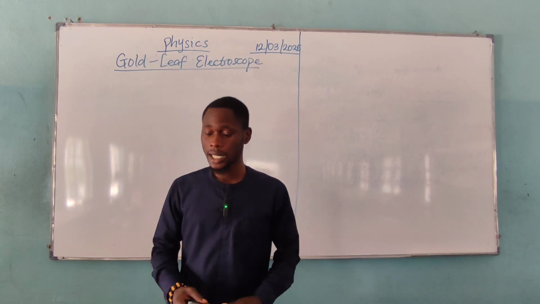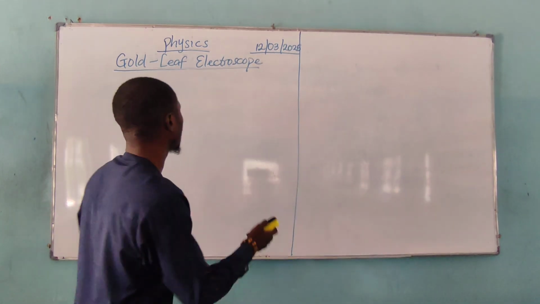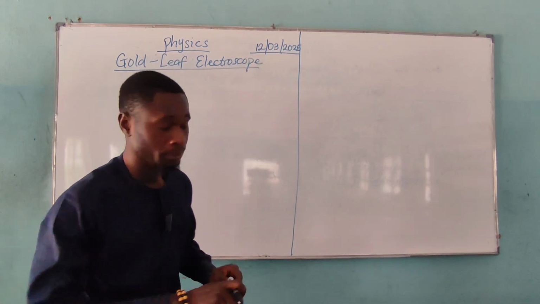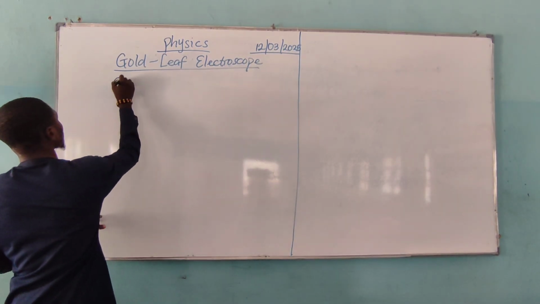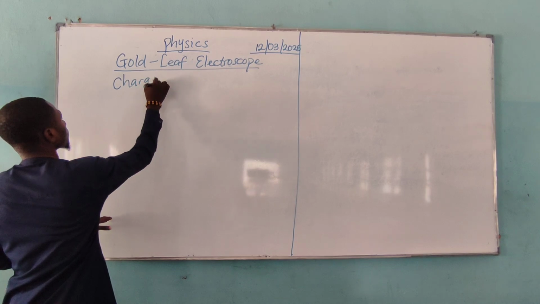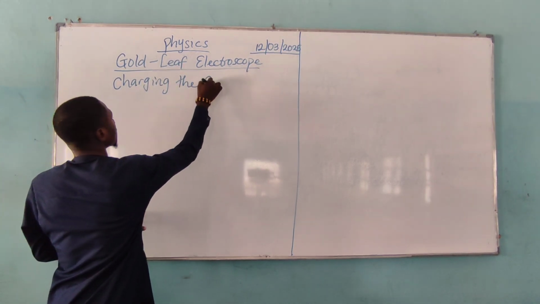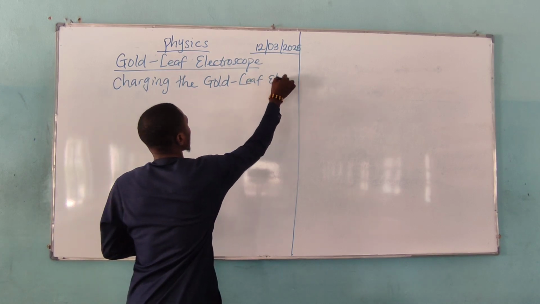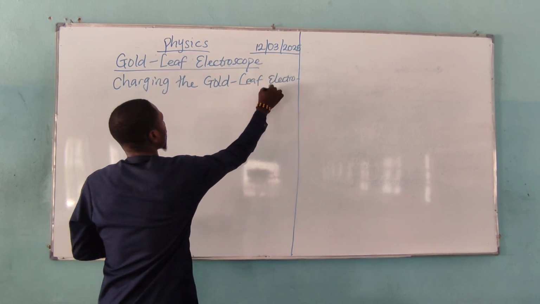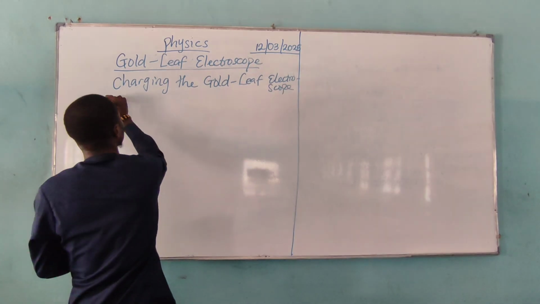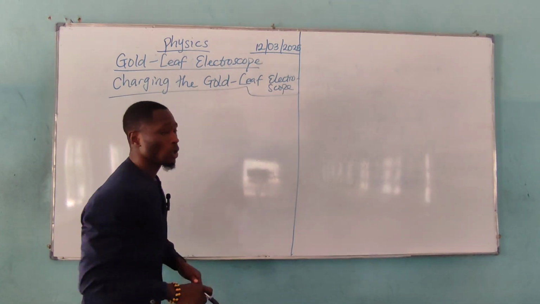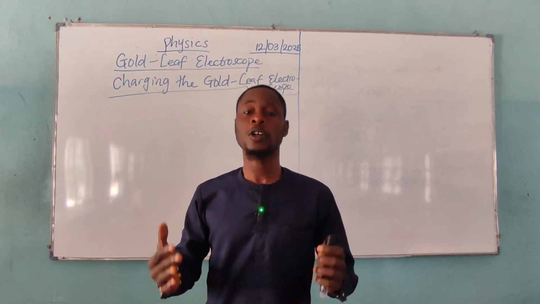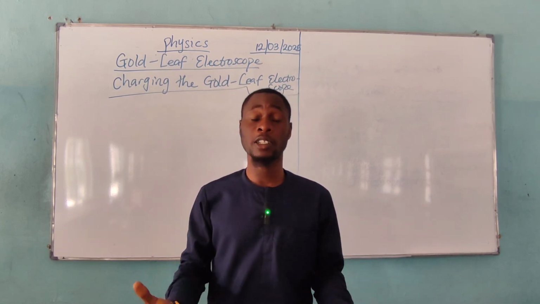All right, so the next thing we will be looking at is charging the gold leaf electroscope. Basically, there are two methods of charging the gold leaf electroscope.